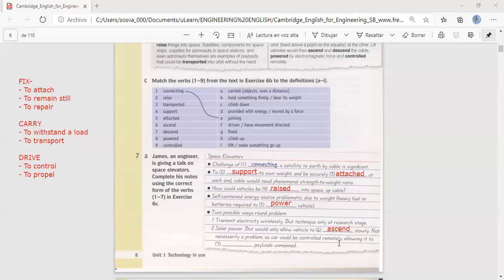Not necessarily a problem, as the car could be controlled remotely, allowing it to transport payloads on its own.